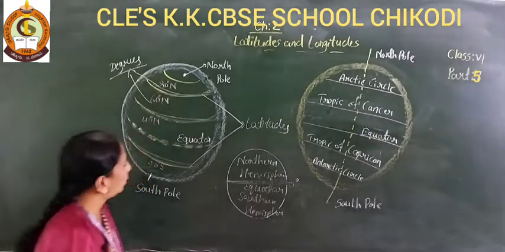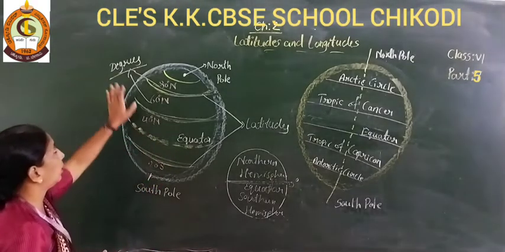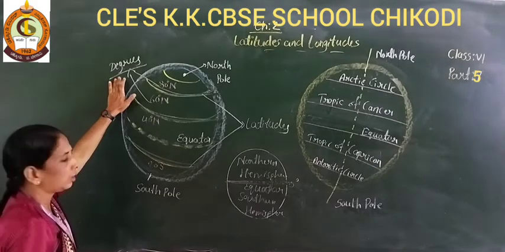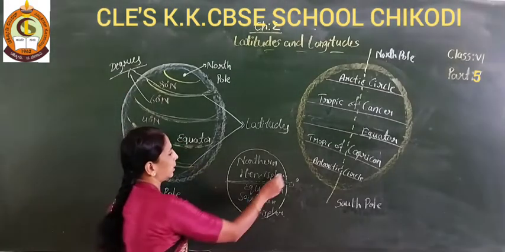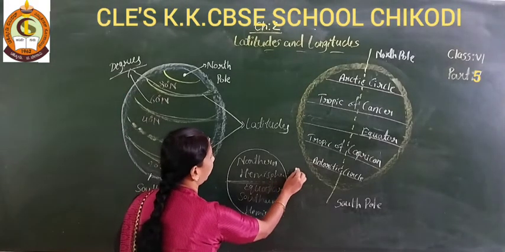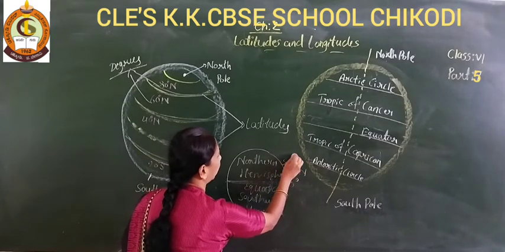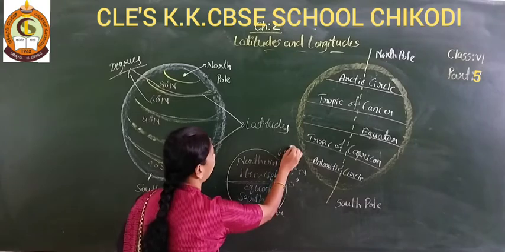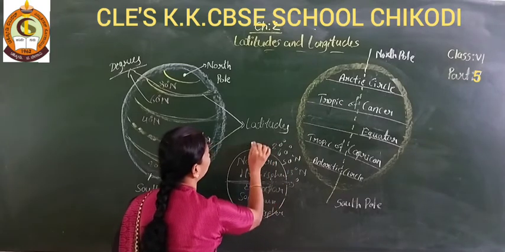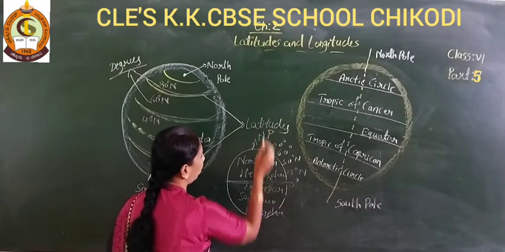See students, again the latitudes are measured in degrees. In the northern hemisphere, there are some degrees. This is 0 degree, 15 degree north, 30 degree north, 60 degree north, 80 degree north, then here the North Pole.